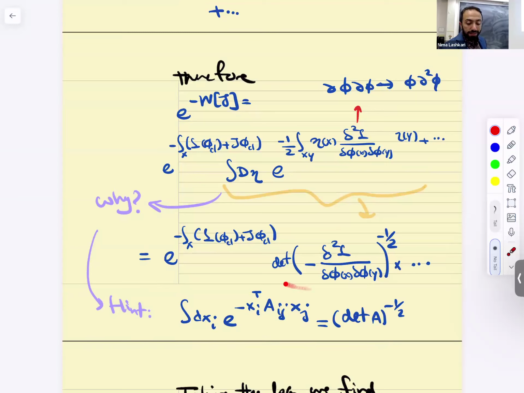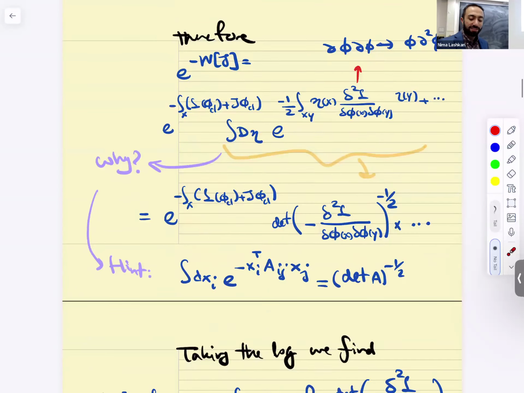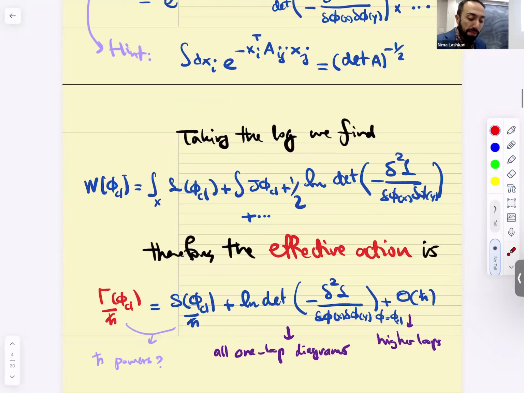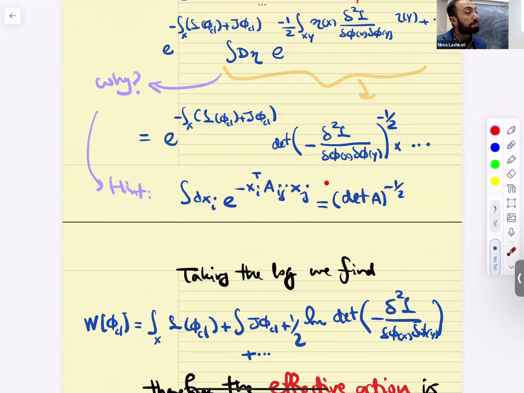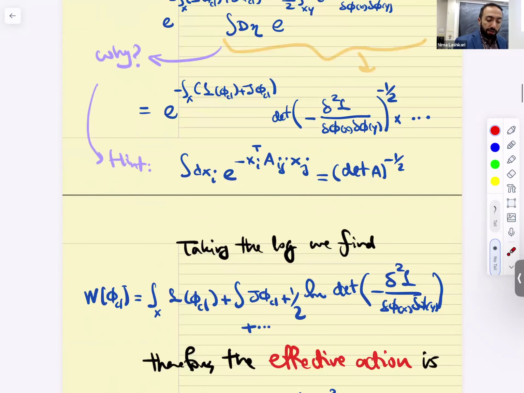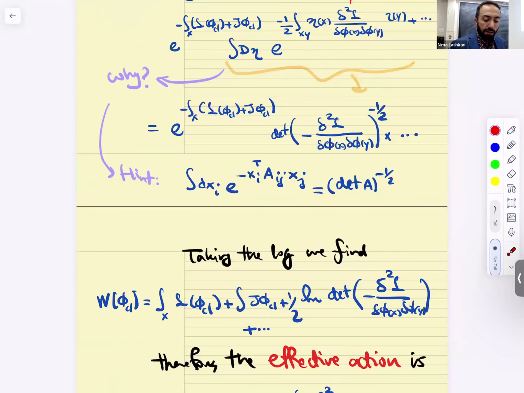Good. So this bit captures which part of the, well, okay, maybe it's this. I'll explain that. All right. So this is the Gaussian bit, not the interactions. Take the log of it.